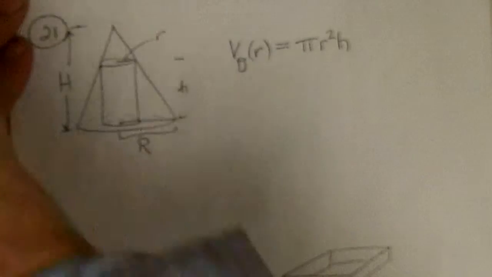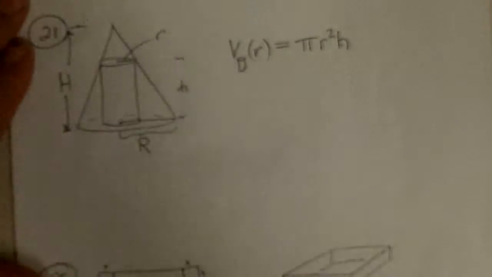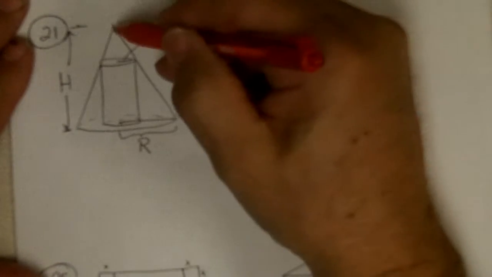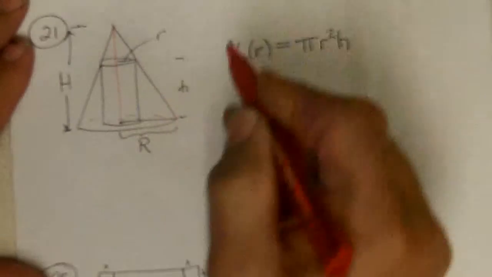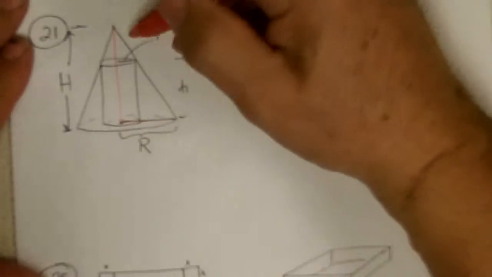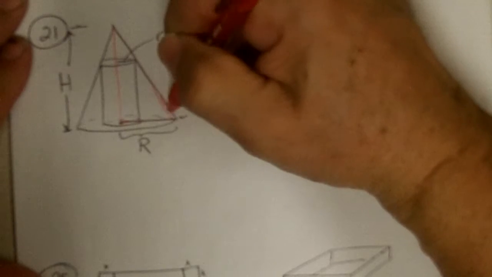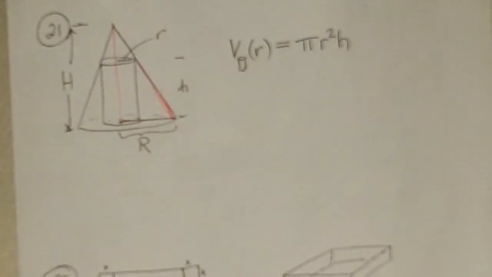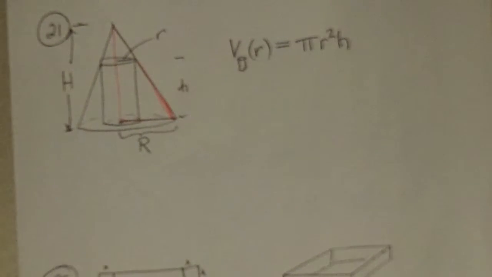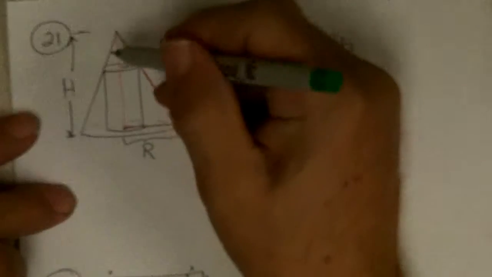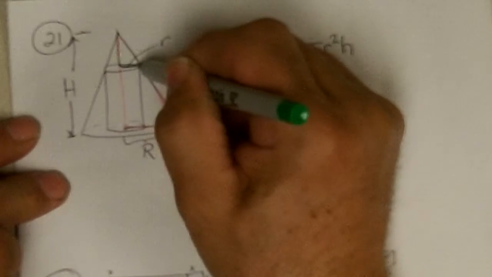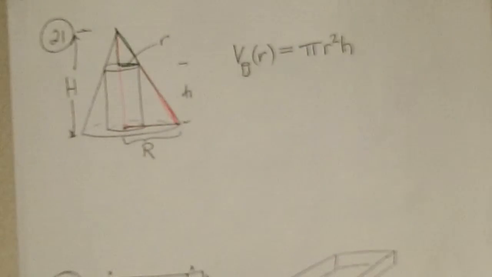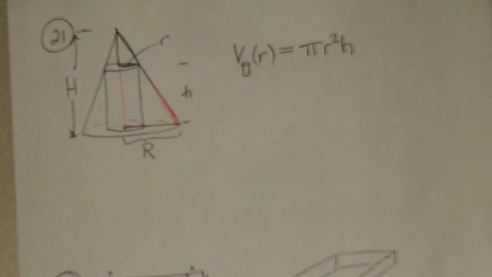And what you have to be good at is seeing triangles on this one. The really big triangle, the little triangle at the top, and let's see, different color here. How about this one?